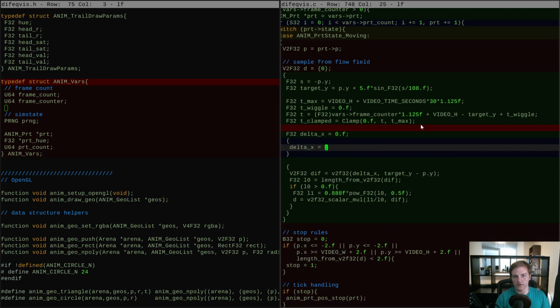Okay, so delta x. What we're going to do is delta x is going to be 2 times p dot x divided by video width minus 1, or rather 1 minus all of that.